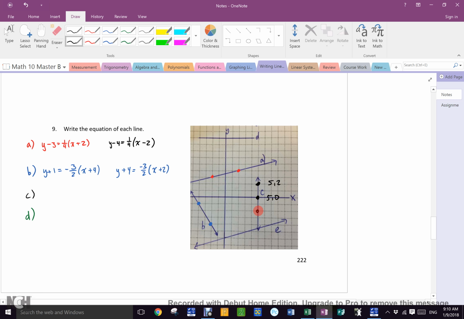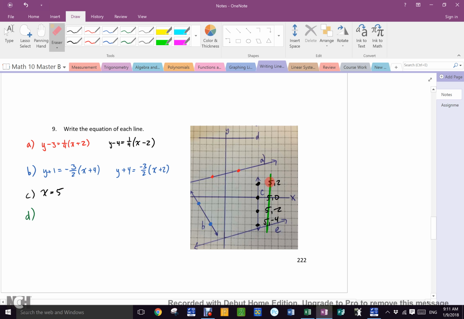What's that point right there? 5, negative 2. What's that point right there? 5, negative 4. What do you notice about all of that? It's the same. x equals 5. That's that line.